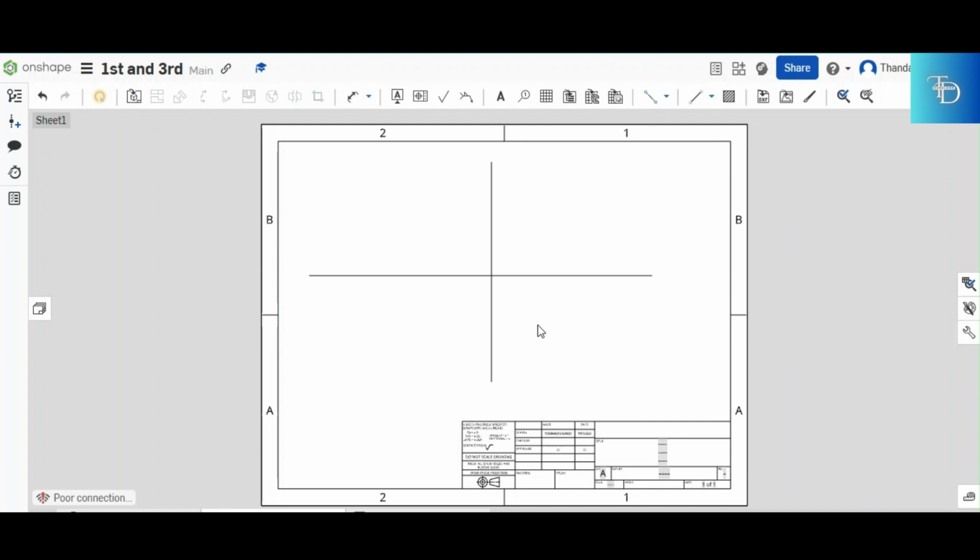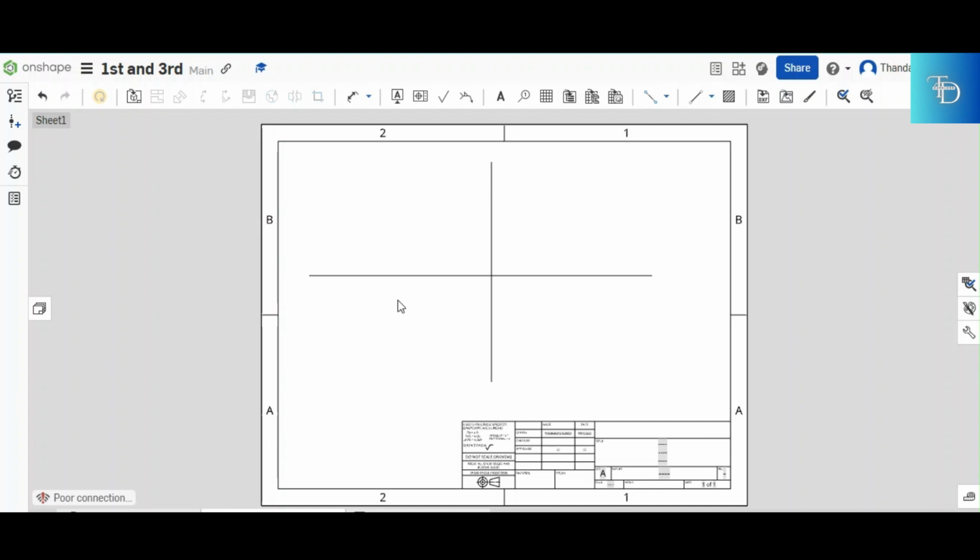So if you were to describe the difference between the third and the first angle in a simpler way, it is that the first angle has two views at the top and one view at the bottom of the horizontal plane. The third angle has two views at the bottom and one view at the top. It's an inverse. So now the top view is gonna be right there. At the bottom, there's gonna be a front, and then there's gonna be a right view right there.